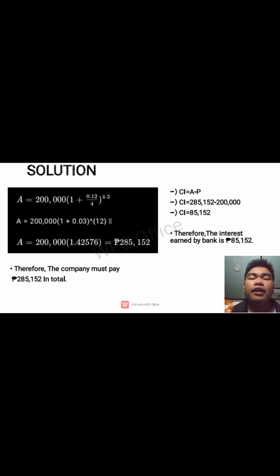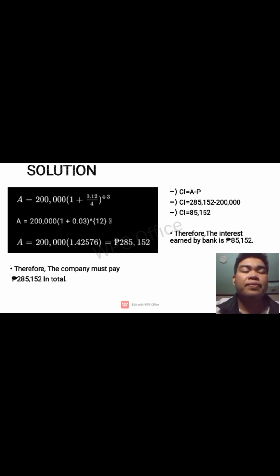And by multiplying 200,000 by 1.42576, we get our answer. The total payment is 285,152 pesos. The company must pay 285,152 pesos in total.